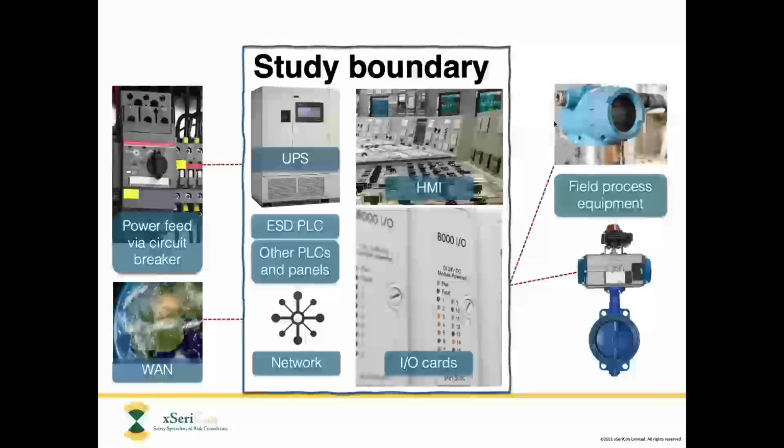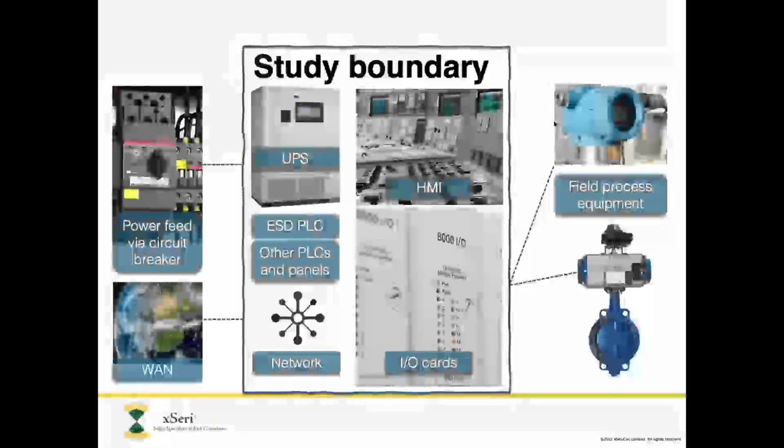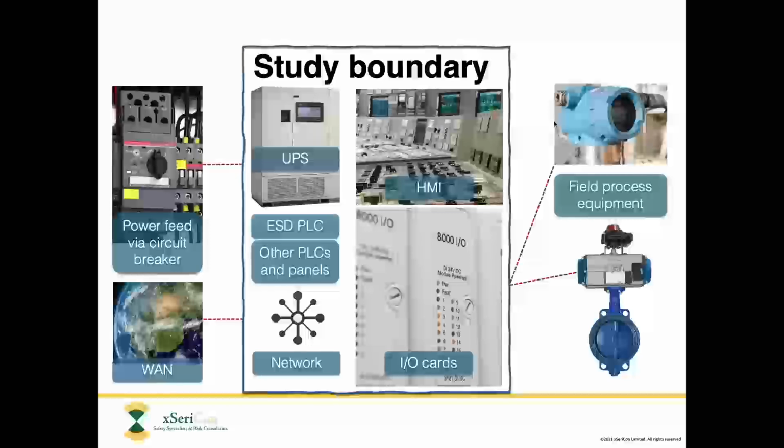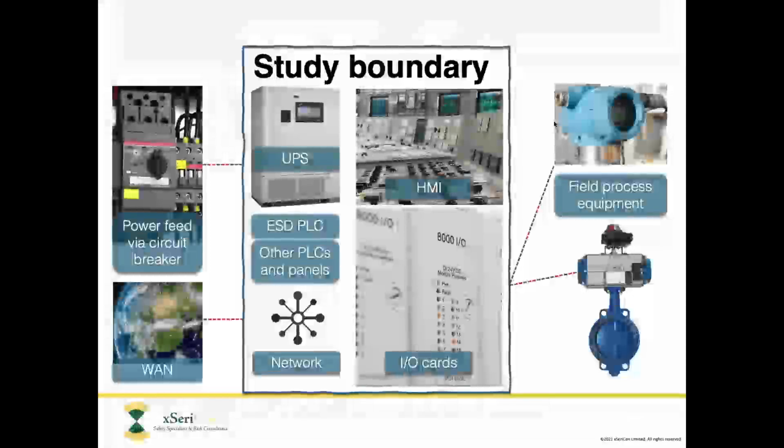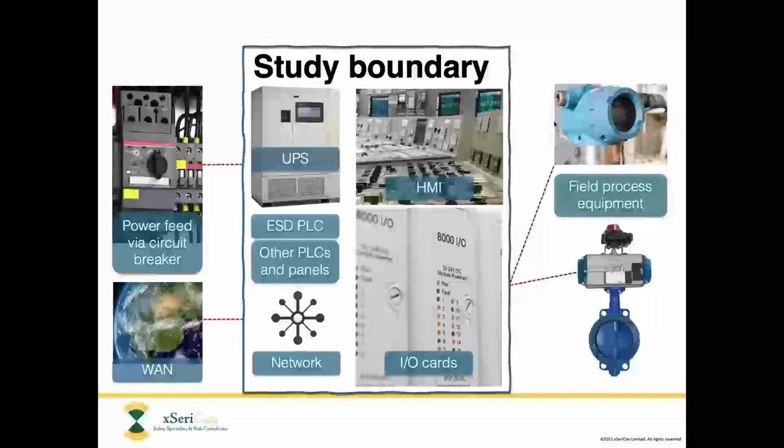It would include the main control panel itself, the PLCs, the ESD system, the UPS, which is the battery backup supply dedicated to this system, the operator's workstation or HMI, human machine interface, the IO cards, the network associated with the control system, and any other PLCs such as, for example, tank farm management system, or any other dedicated specific control PLCs, and local panels as well, if they have any actual control functions in them.